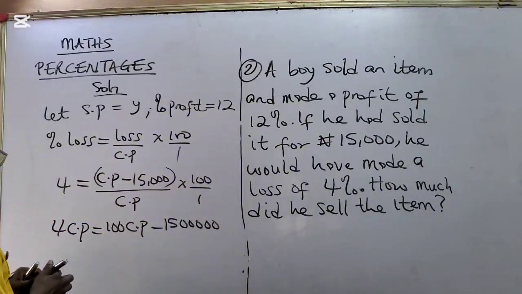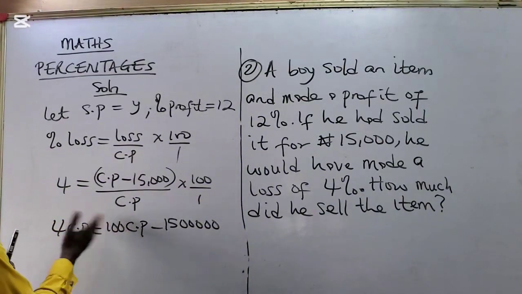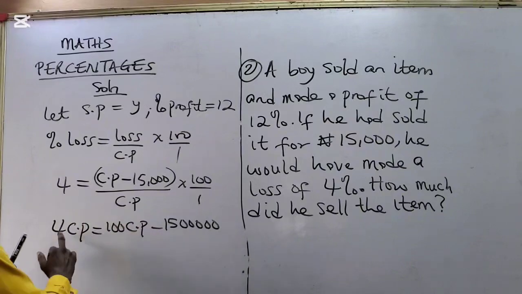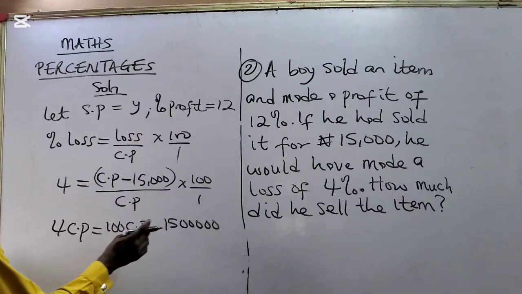So what I'll do from here is to collect like terms. Transfer the 4 across, take this one to the other side of the equation.